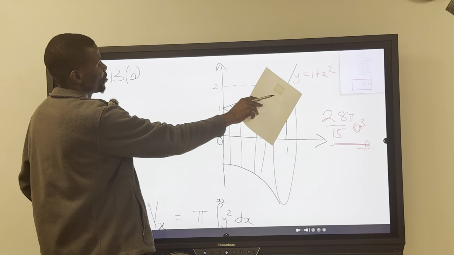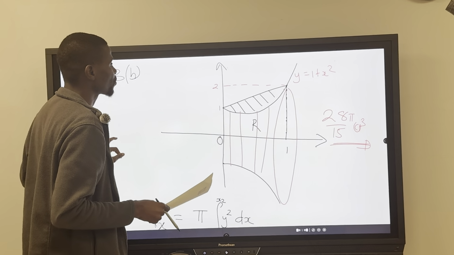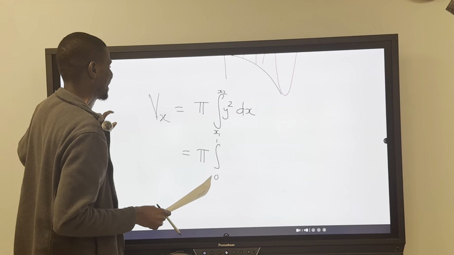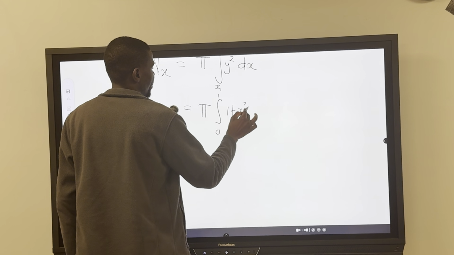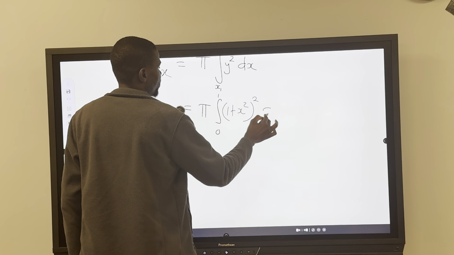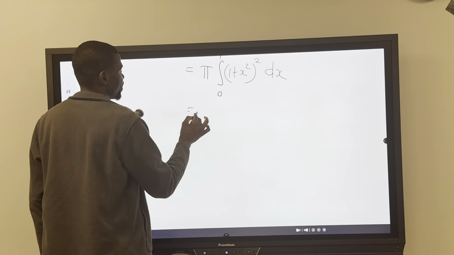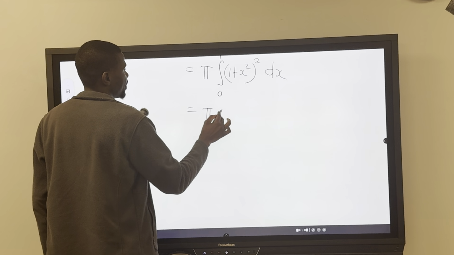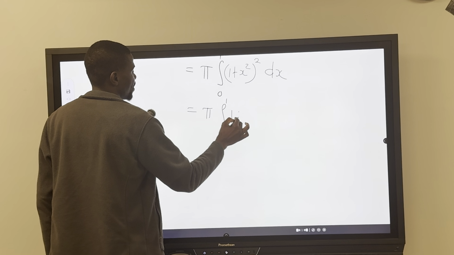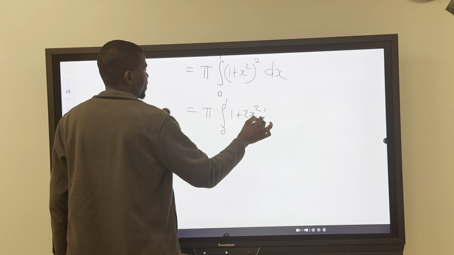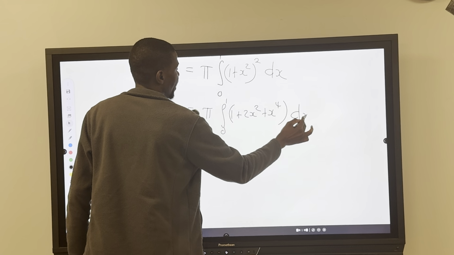So y equal to 1 plus x squared. So y squared is going to be 1 plus x squared, squared, with respect to x. So it is pi, integral from 0 to 1 of the first term, which is just 1, plus 2x squared plus x to the 4th with respect to x.